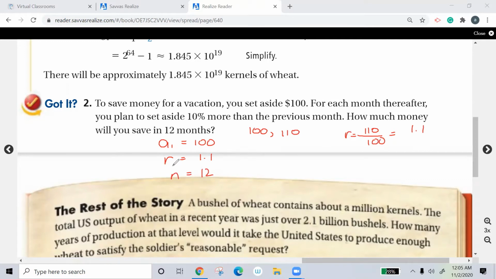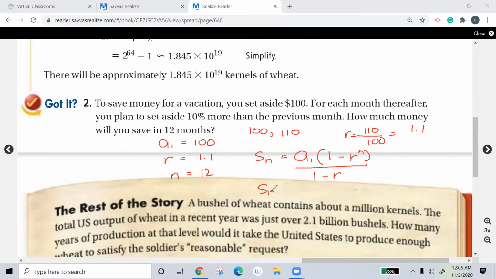Those are the given. Next, with the use of the sum formula, S sub n is equal to a sub 1, which is the first term, times 1 minus r, which is the common ratio, raised to n, all over 1 minus r. Then plug in those numbers.